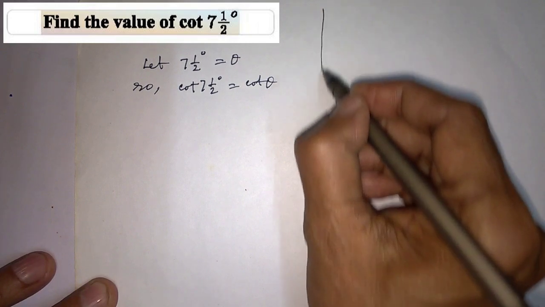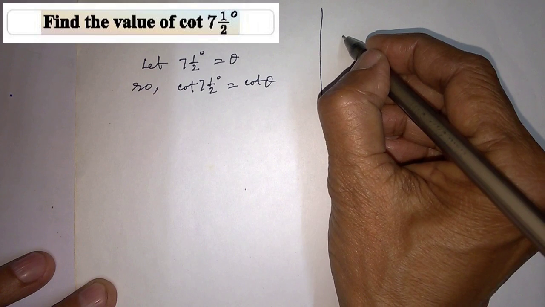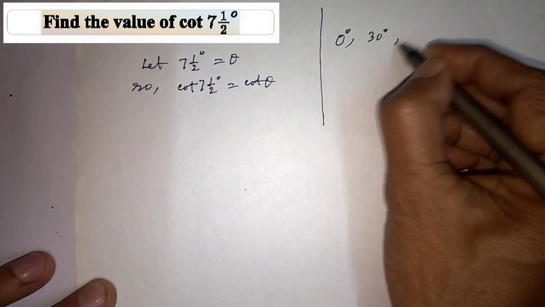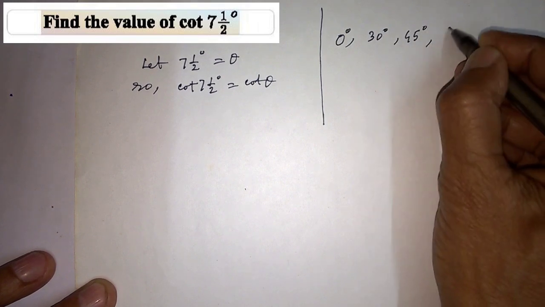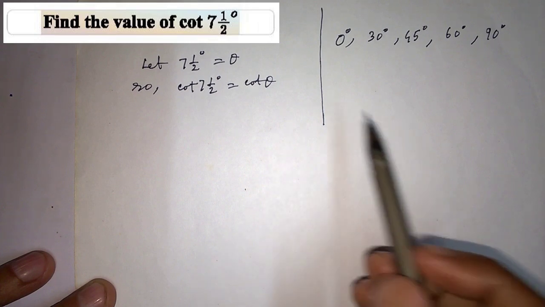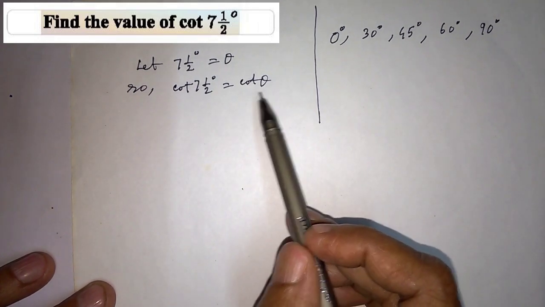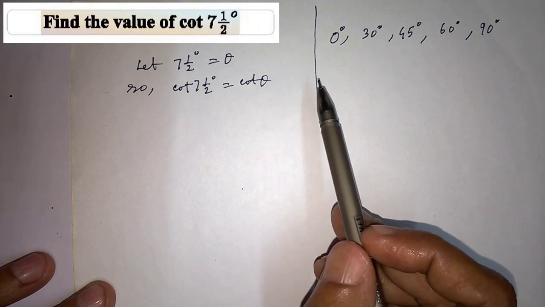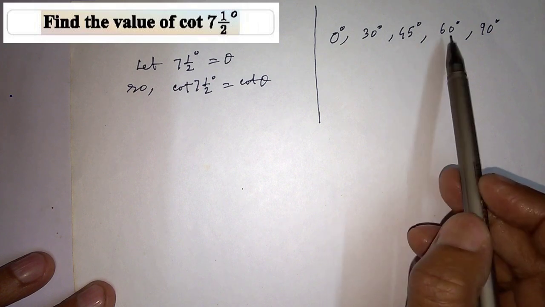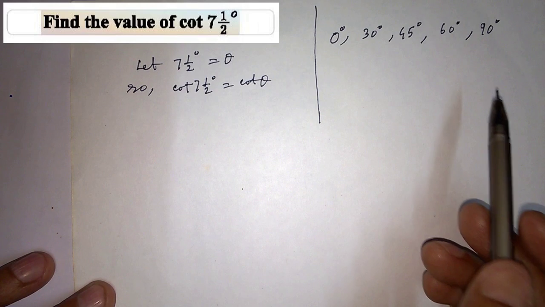See, here is some rough work. We know the standard values of trigonometric ratios for 0 degree, 30 degree, 45 degree, 60 degree and 90 degree. If we are able to express cot theta, sin theta or cos theta in terms of sin 30 degree, cos 30 degree, cot 30 degree, we can easily find the value.